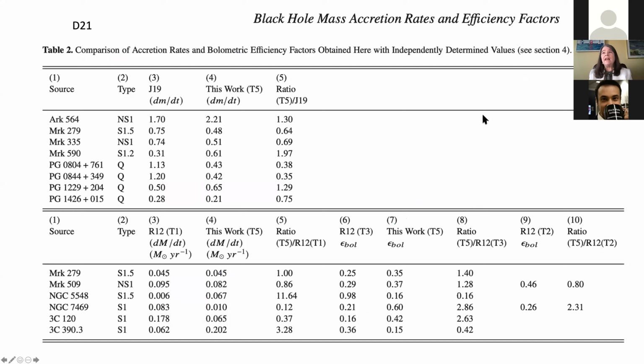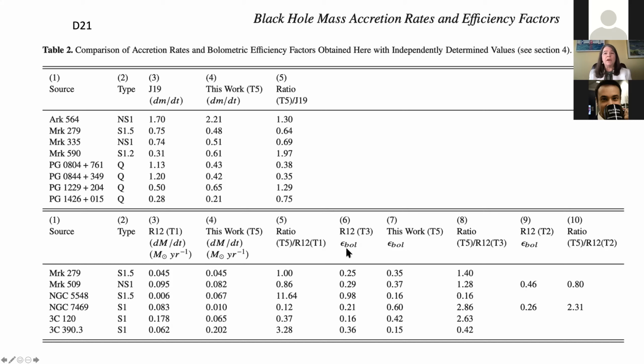Very quickly, we can compare the efficiency factors and mass accretion rates obtained with this method with those obtained independently. There were 6 AGN studied by Raimundo et al. in 2012 that overlap with the sources included in the samples I studied.